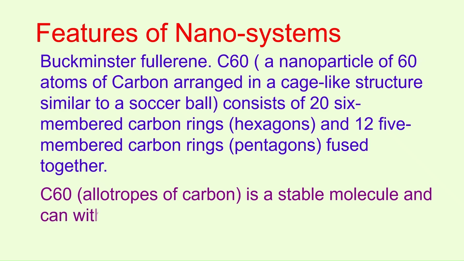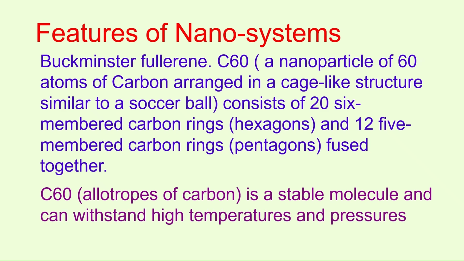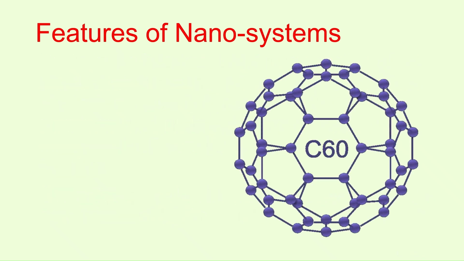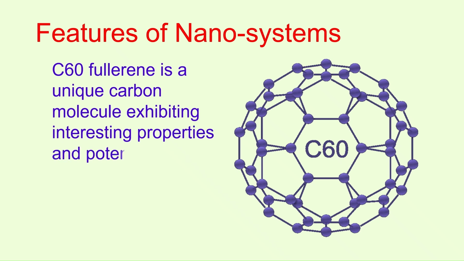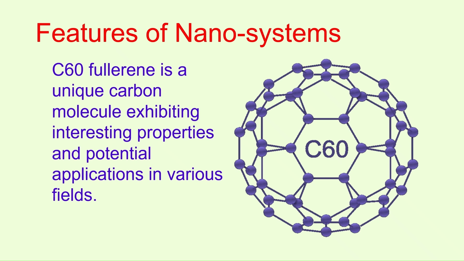C60, an allotrope of carbon, is a stable molecule and can withstand high temperatures and pressures. Carbon C60 fullerene is a unique carbon molecule exhibiting interesting properties and potential applications in various fields.